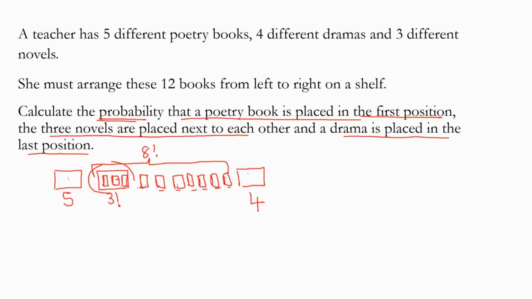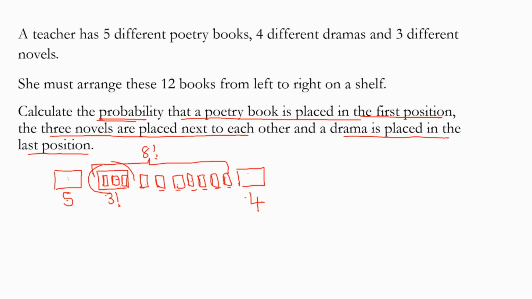So now, how many different ways can we have this arrangement where the poetry book is the first book, the drama book is the last book, and the novels are arranged next to each other? It means we have to say 5 times 3 factorial times 8 factorial times 4.